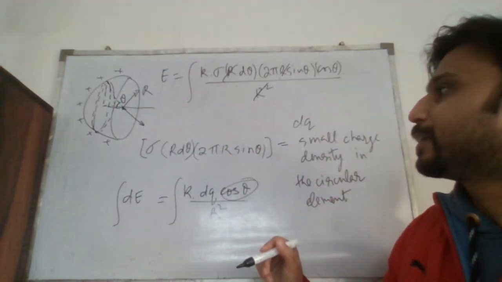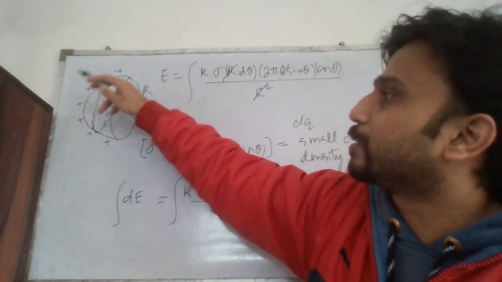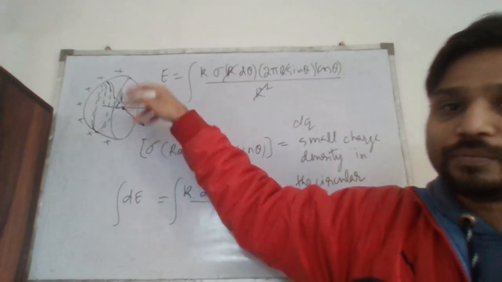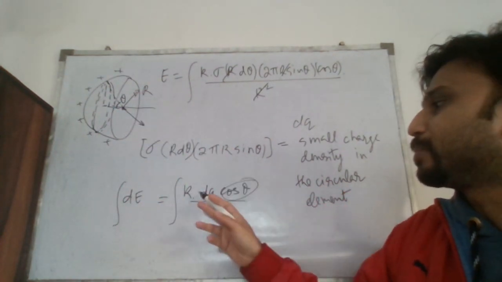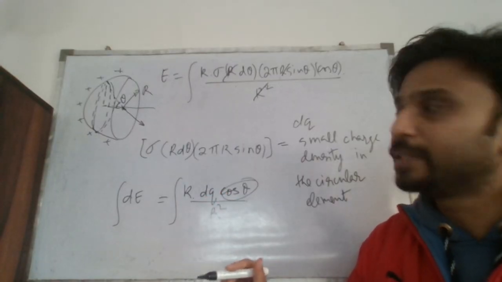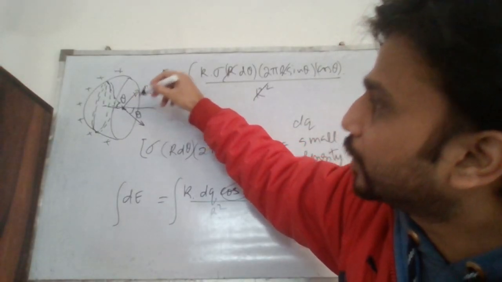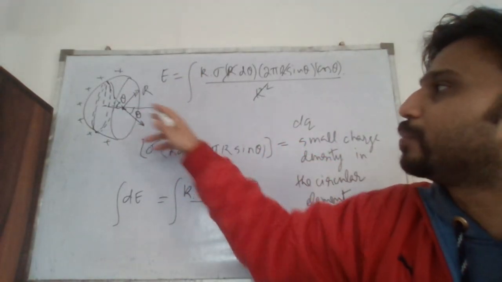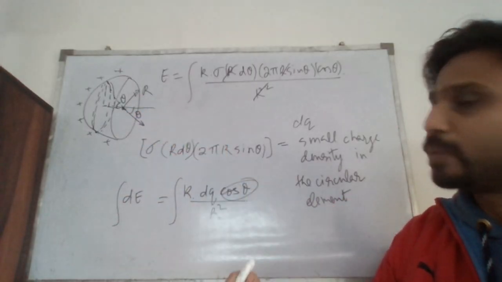We have to say that if this dq charge was spread out like that, then what field it is producing. It is producing this much field, k dq by r square, right? So we take a cos component of that. We say this angle is some theta. We take a cos component, the sine components get cancelled out, and only the cos components remain.